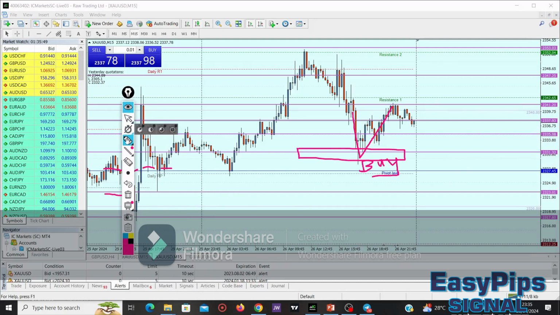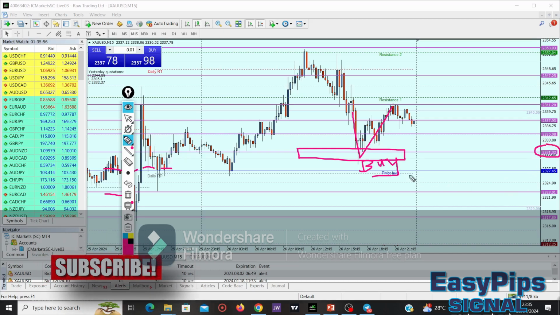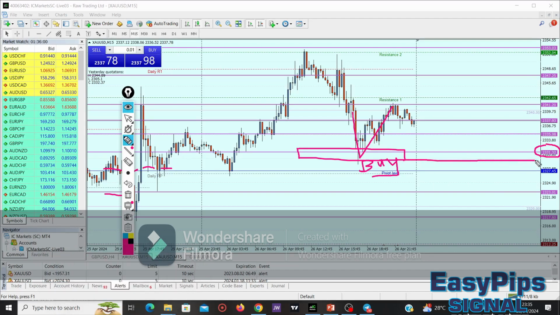If you look at the value here, there's 2331.32, and look at the other zone that is below here. Let me extend it down here, so that we have 2327. That's the value I have here, 2327.45. That's the zone.